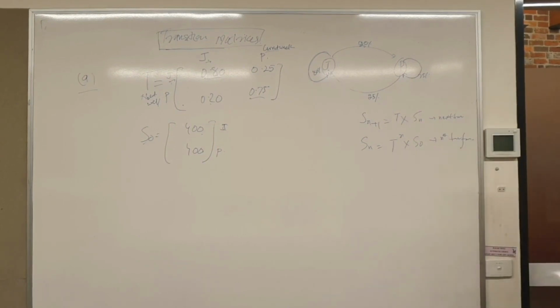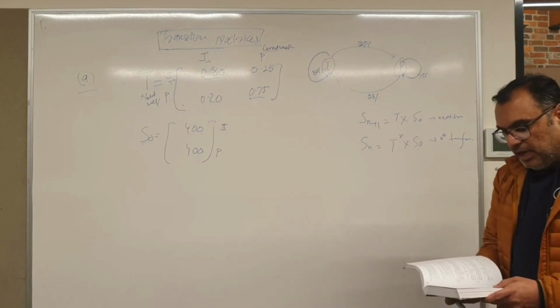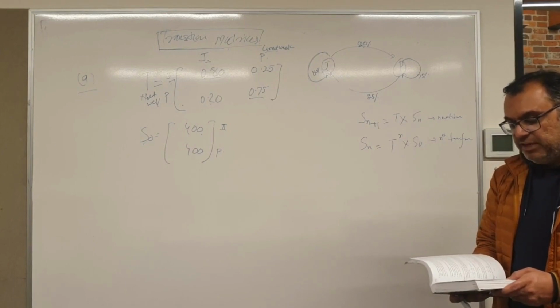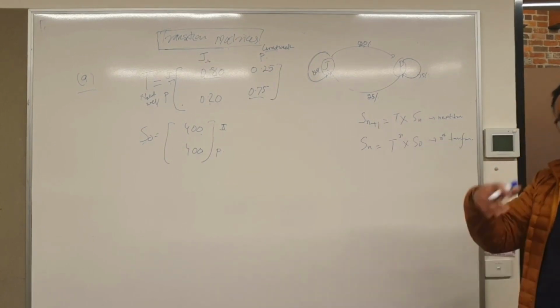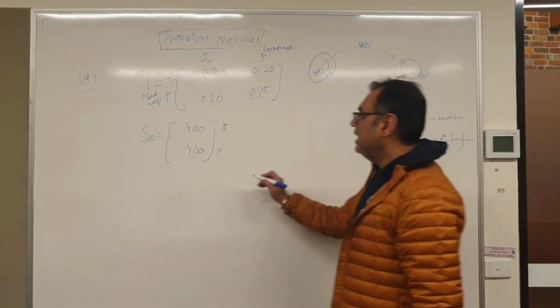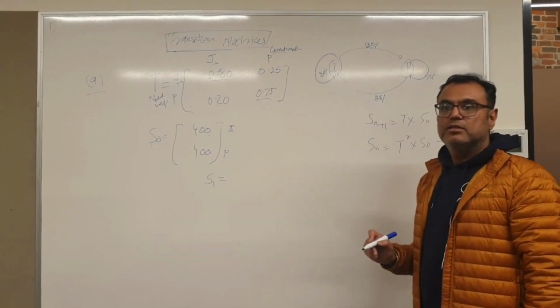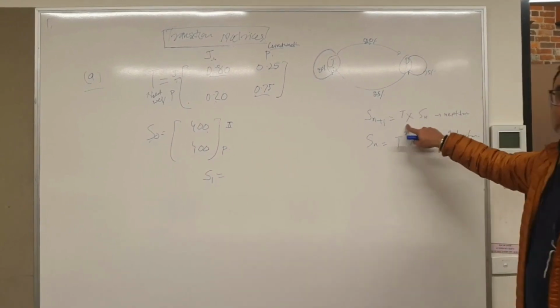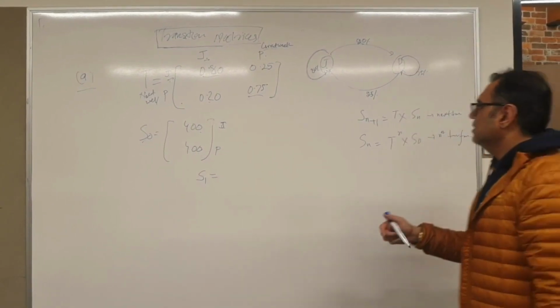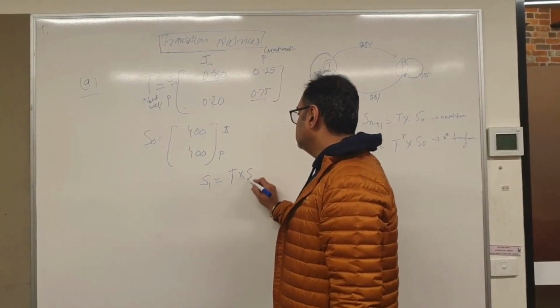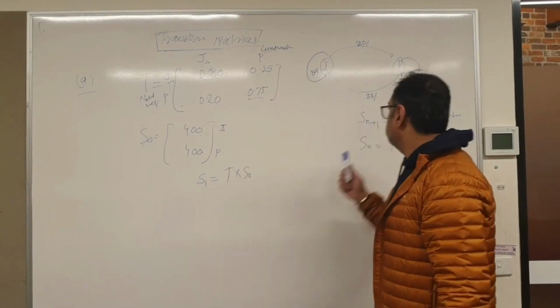Let's see what he's asking in part C. How many do you expect would go to Jill's next week and how many to Pete's? Next week, so he's asking me S1, after the end of the first week. So I can use this formula straight away.